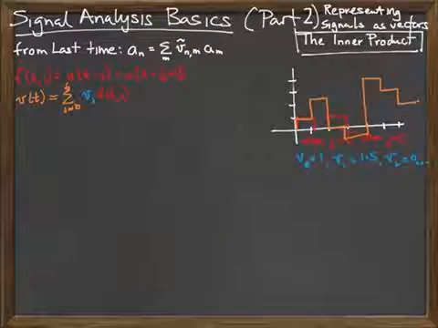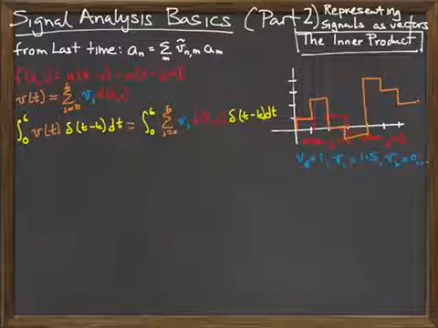Now we can call this function that we have made up v of t. You can see it's drawn in orange. It is the sum of all of the v of j's multiplied with the basis function, all of the constants multiplied with the basis function. In this case, there's 7 of them.